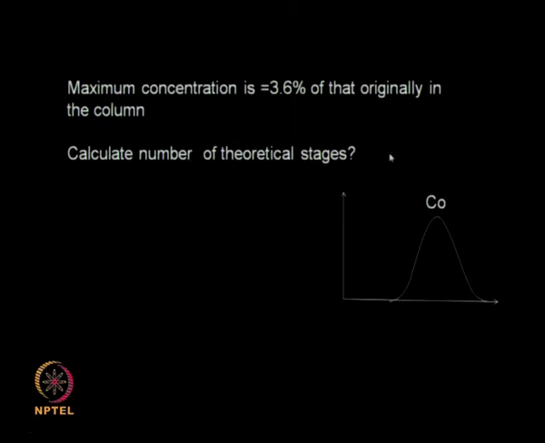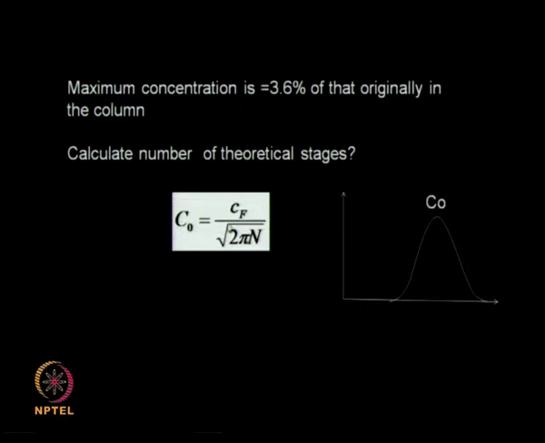So which equation do we use? If you remember, there is an equation relating C naught with Cf, that is whatever is there in the original. Okay, C naught is equal to Cf divided by square root of 2 pi n. So C naught by Cf is 0.036. So from there we have to calculate the n, that is the number of theoretical stages, straightforward.